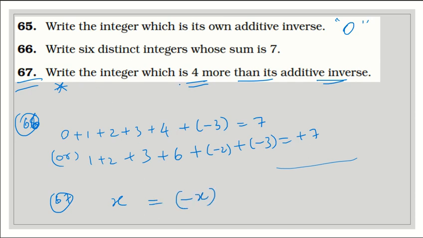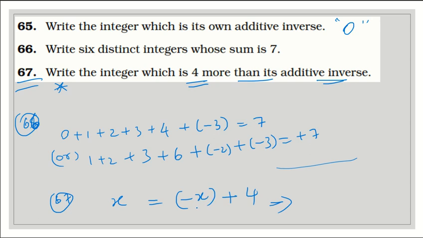Write the integer which is 4 more than its additive inverse. That means to this, adding 4 will give you the integer. That means x equals minus x plus 4, it becomes an equation, a simple equation.